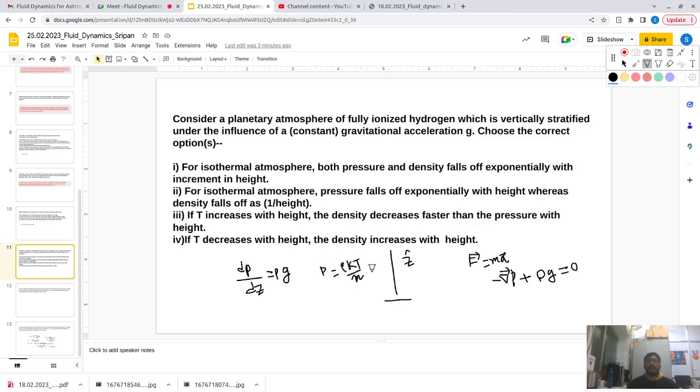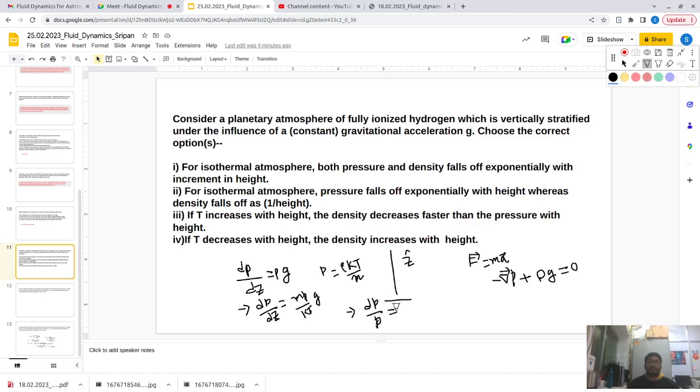Now if we put this into dp by dz, you change this rho, so you have mp by kT, and g. Are you understanding? Yes.